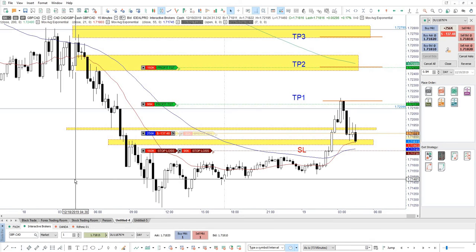Okay, guys, the trade doesn't seem to be working too well, but still it has not hit the stop loss levels, so we are still in the trade. There is still a possibility of the prices moving up, but it looks very unlikely as of now.